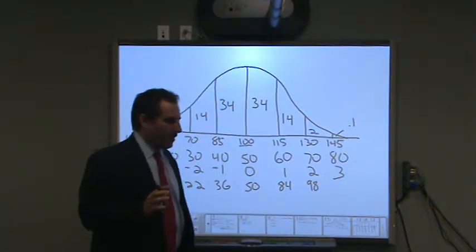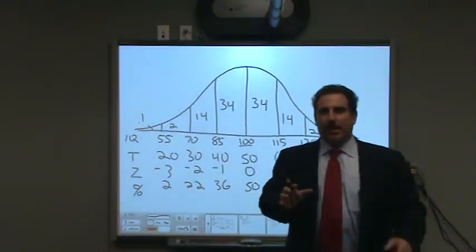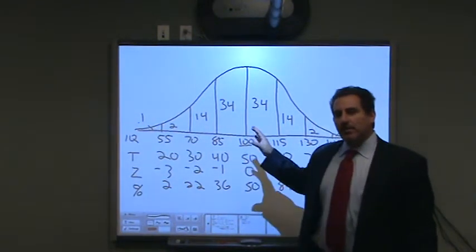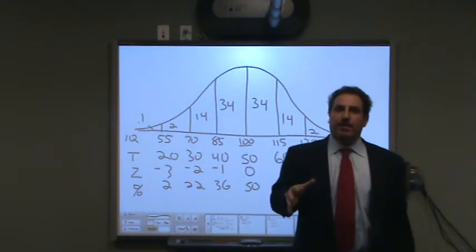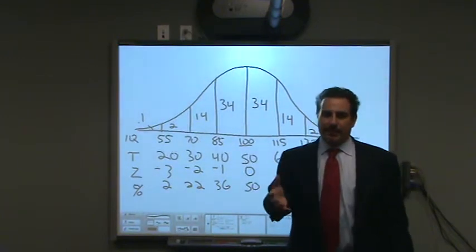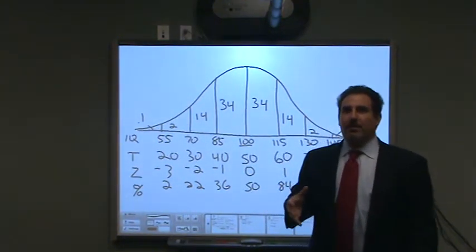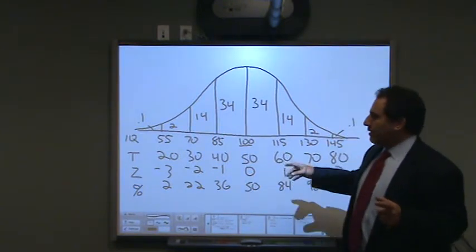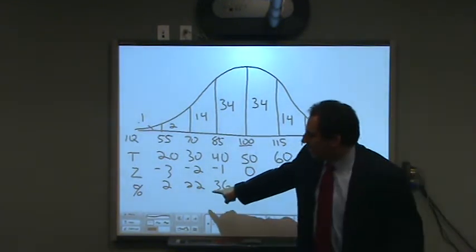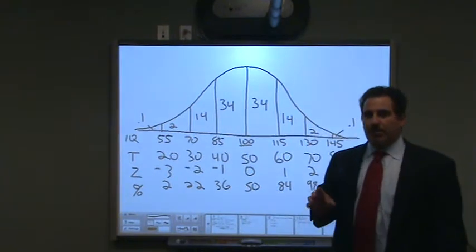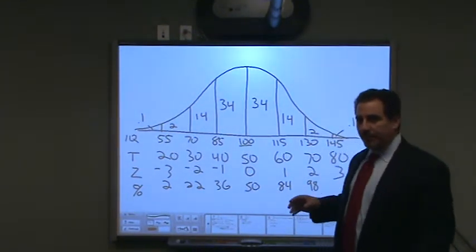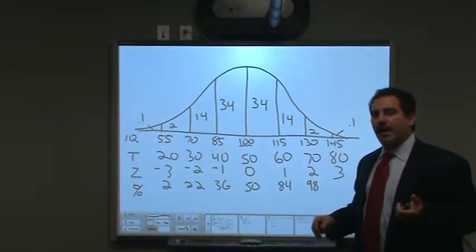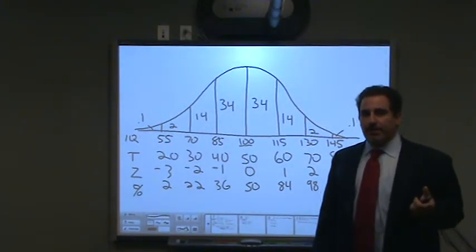What's great about the normal curve is if you are able to put someone on the normal curve, you can then compare them to other people in the sample or the population that the curve is based upon. The way to do that would be to look at the percentile associated with their score. Let's just take, for example, that someone has an IQ score of 130.